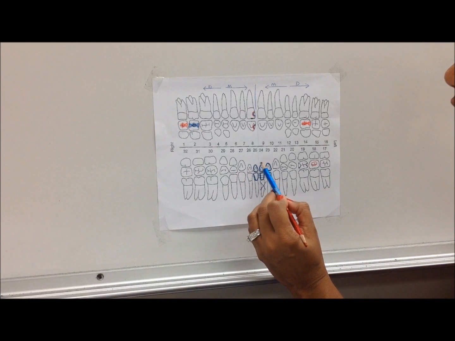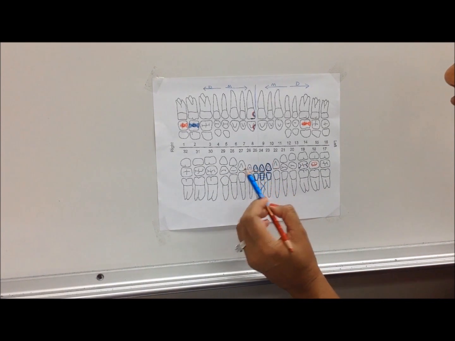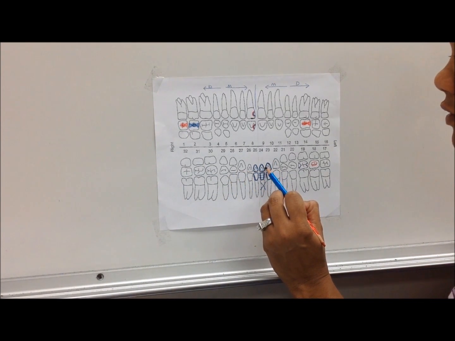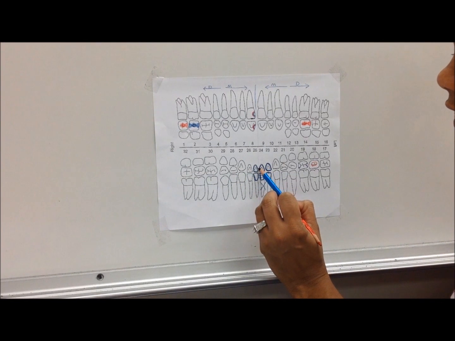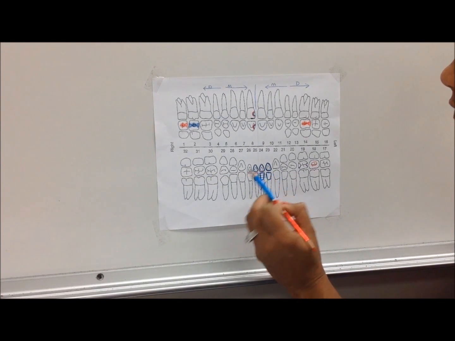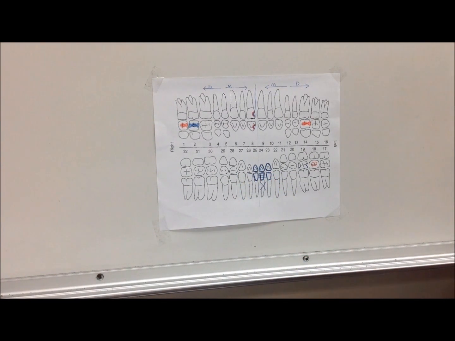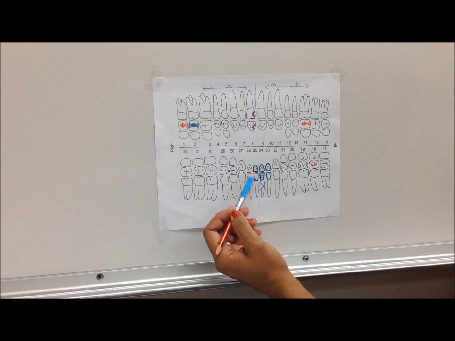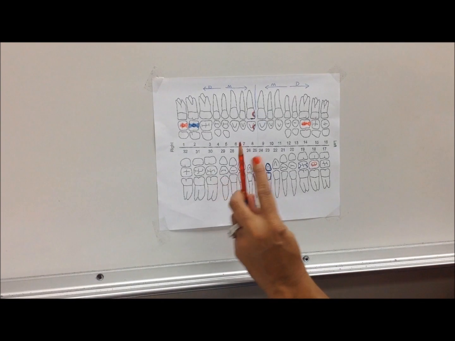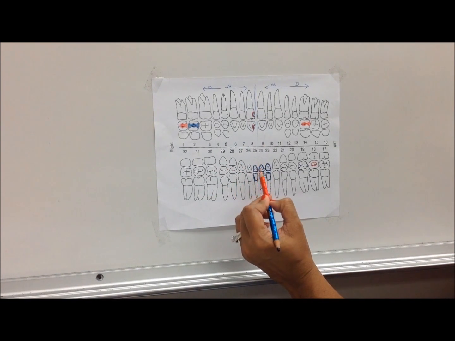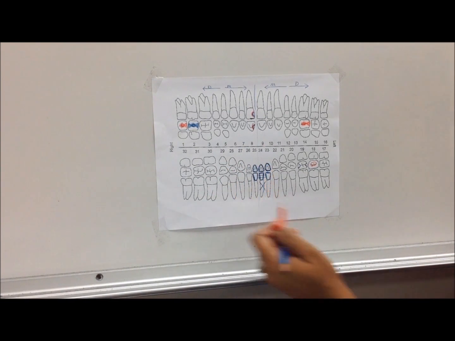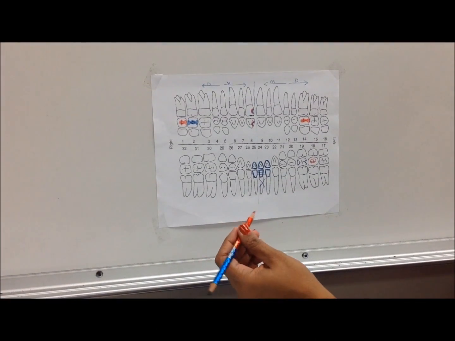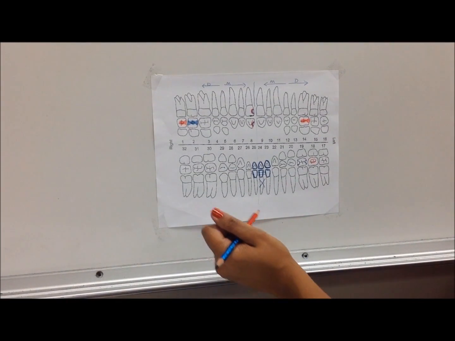And then back here on the lingual side, this is your lingual surface, you just want to put horizontal lines to connect each tooth. And so that is a 3-unit porcelain bridge. If I had it in red, that means that it's work to be done. It's not existing.